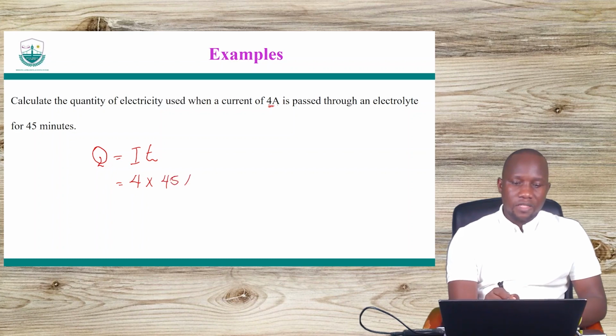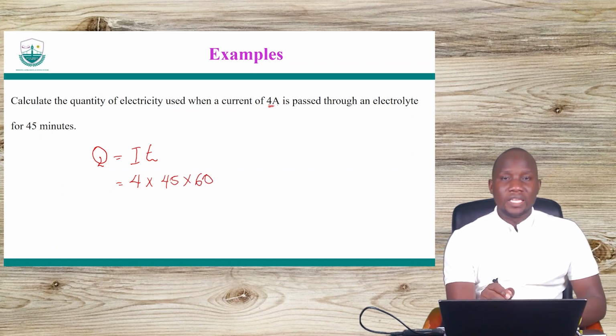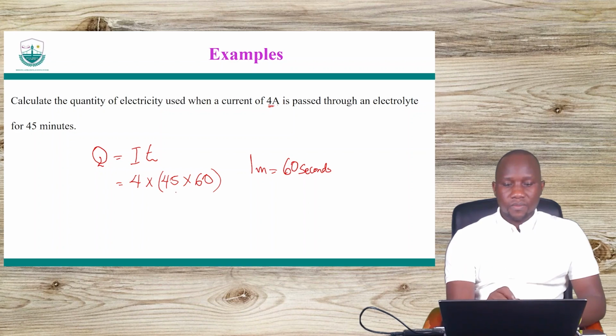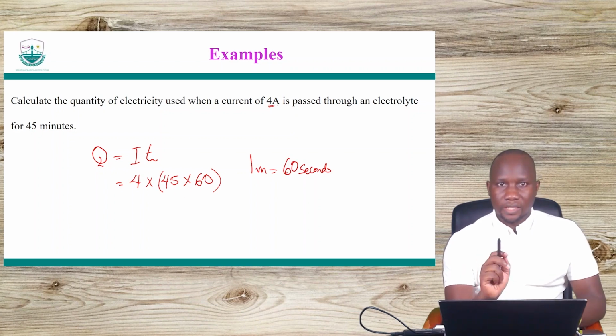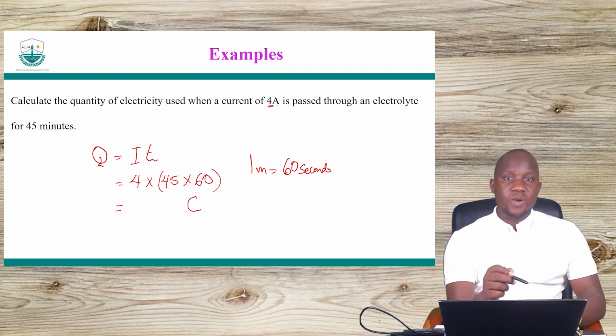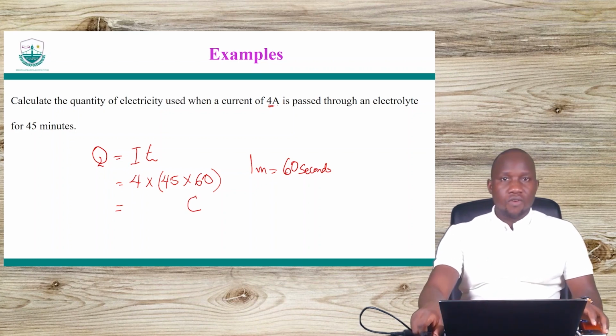So you will have 45 times 60, because 1 minute is equal to 60 seconds, right? That is why we are multiplying here, to get the time in seconds. So what do you get there? That answer is in coulombs, because it is the quantity of electricity.